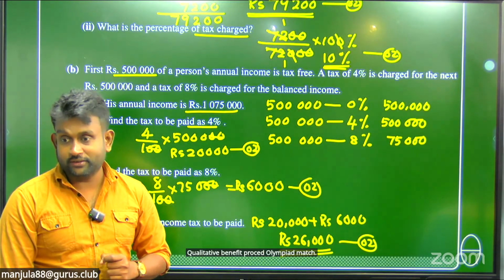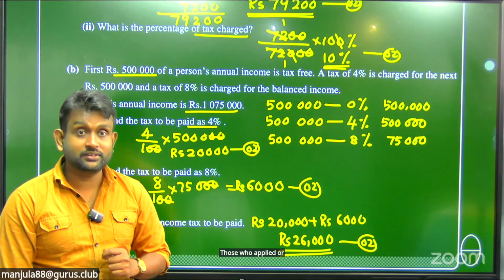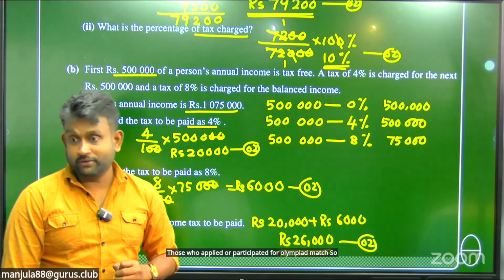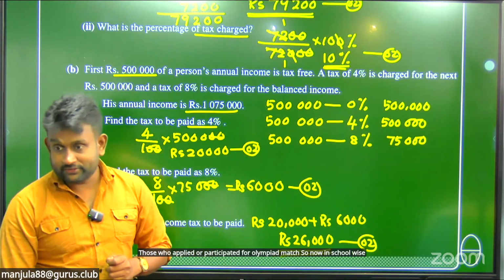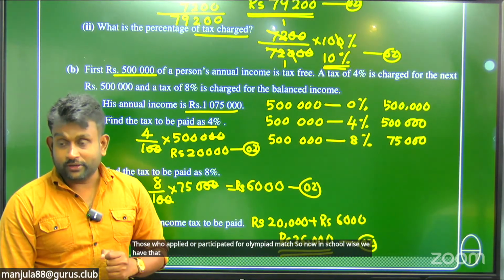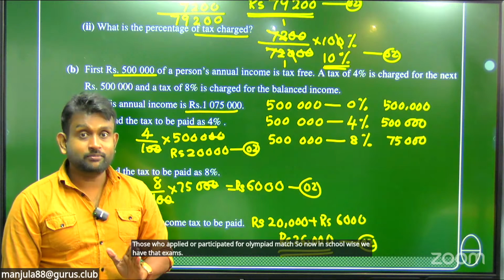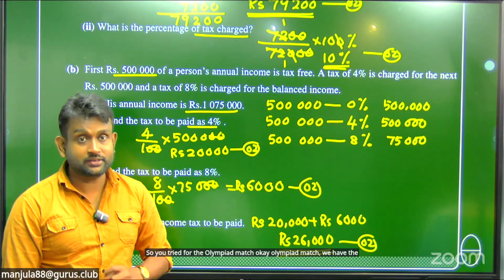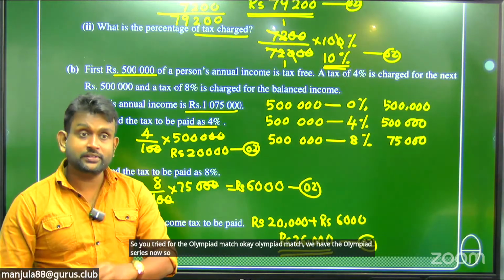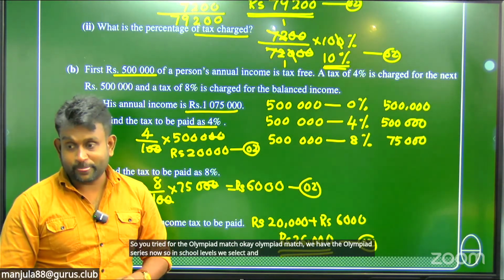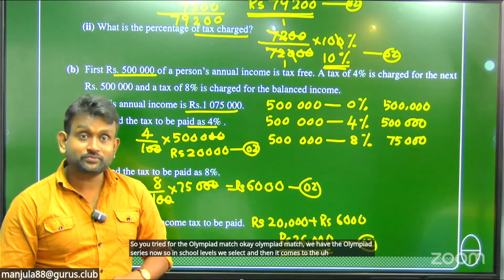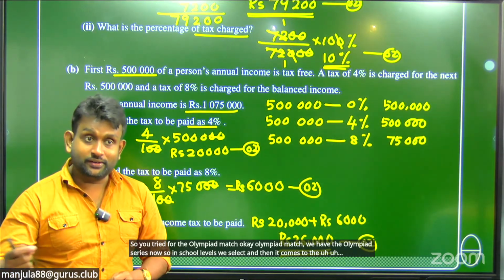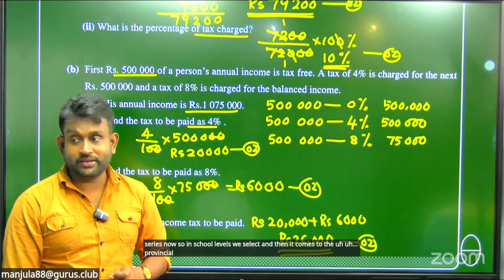Those who applied or participated for Olympiad maths. So now in school wise, we have those exams. So we try for the Olympiad maths, okay? We have the Olympiad series now. So in school levels, we select, and then it goes to the provincial and then national level, where you can participate in the Olympiad.